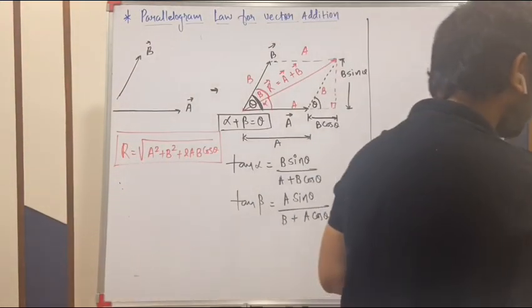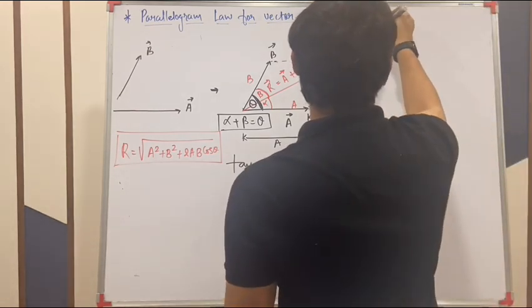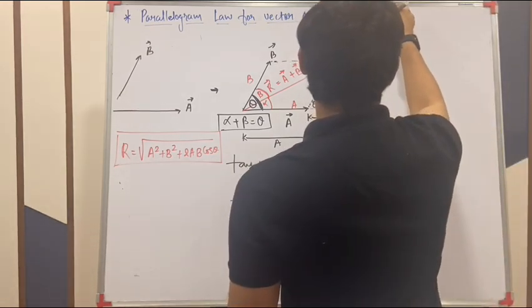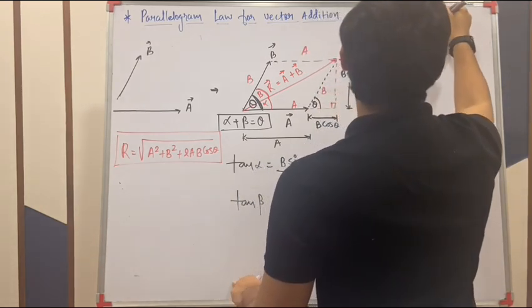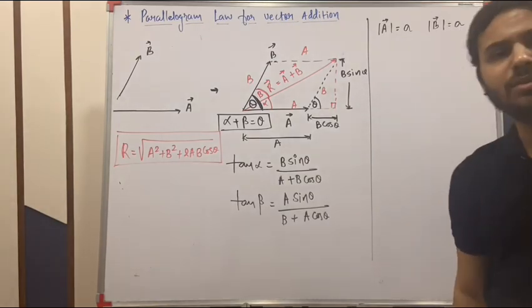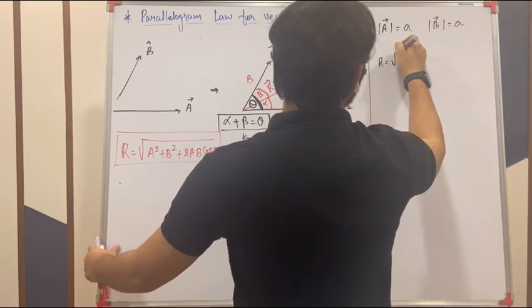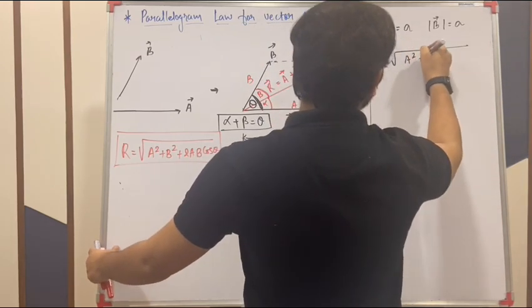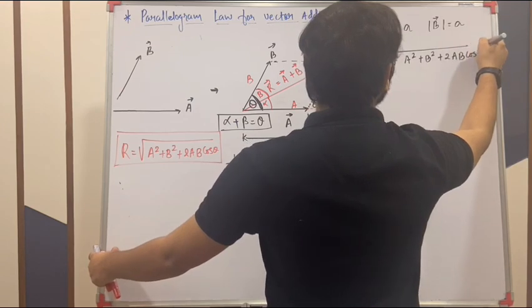Now suppose the magnitude of A is A, and the magnitude of B is also A. These two have the same magnitude. So the resultant vector will be root of A square plus B square plus 2AB cos theta.